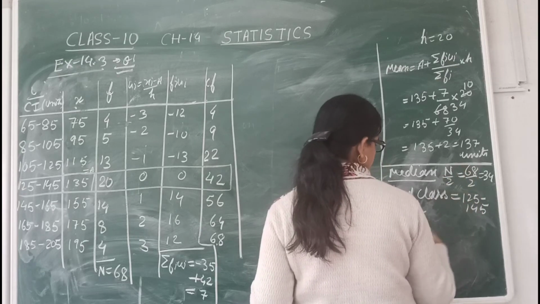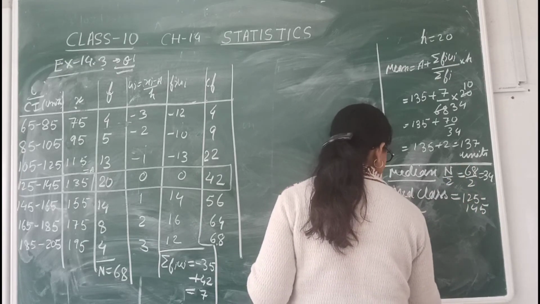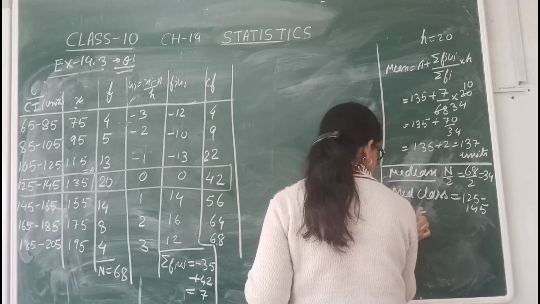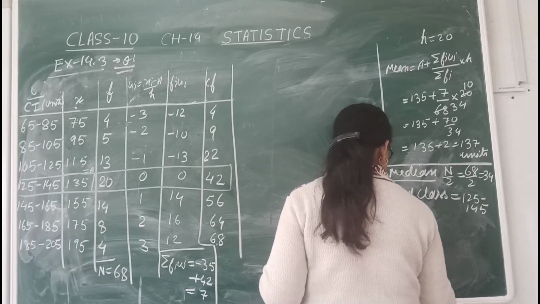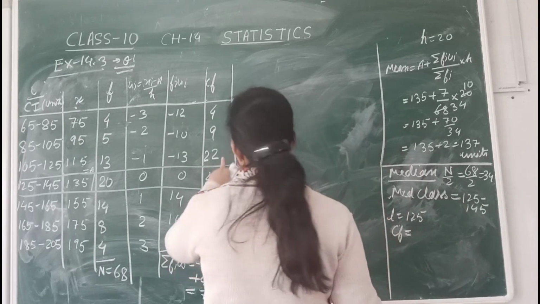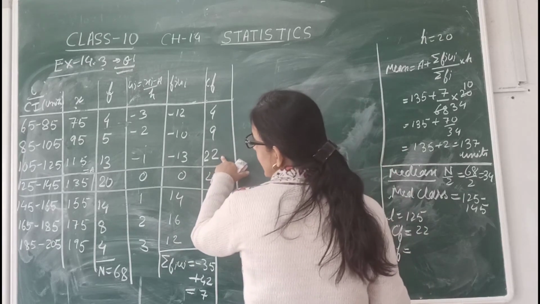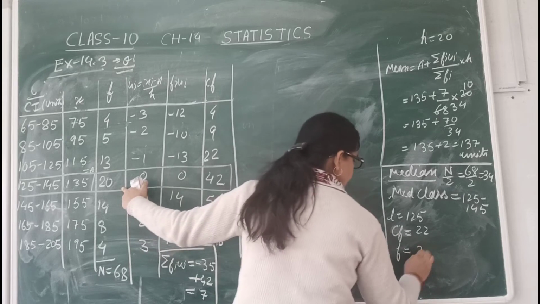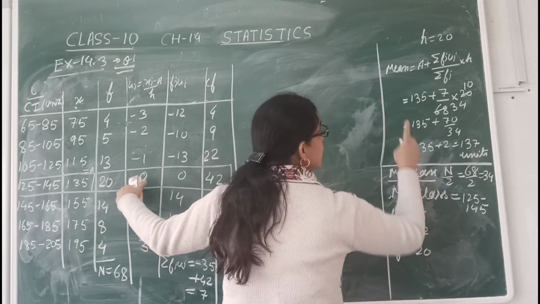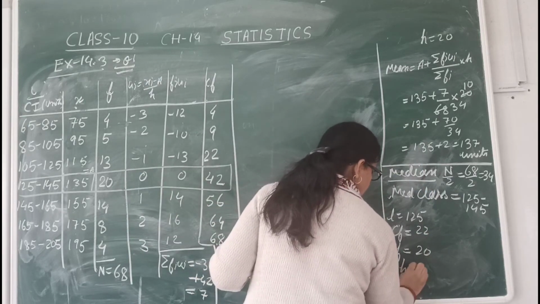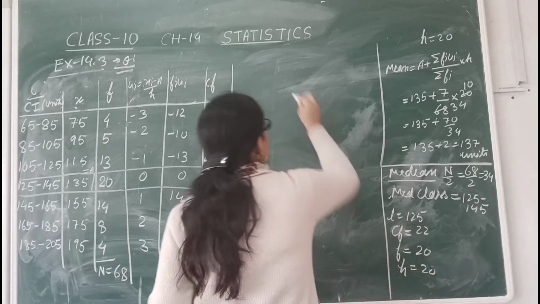N by 2 we have written 34. Then CF is the cumulative frequency before the median class, that is 22. F is the frequency of the median class, that is 20. And H is the width of the median class, that is 20.